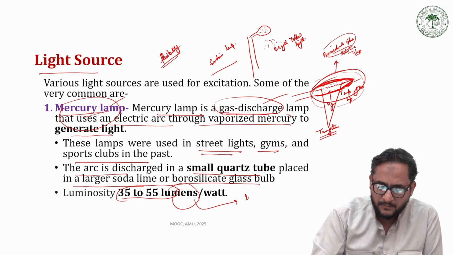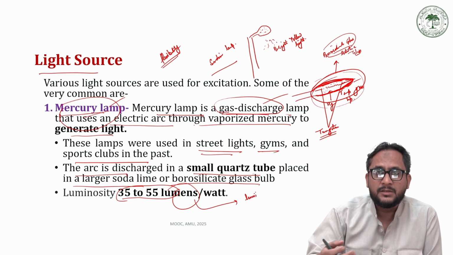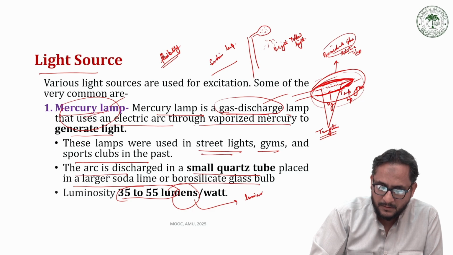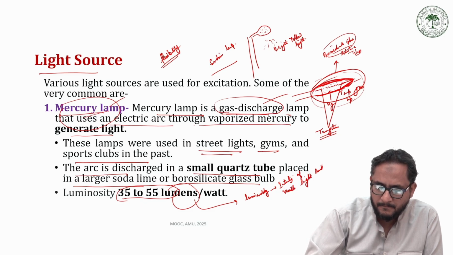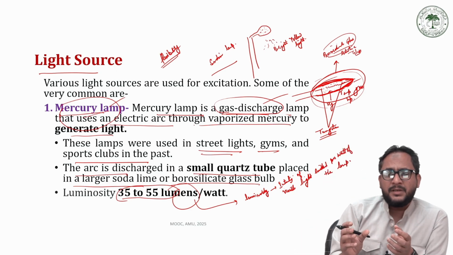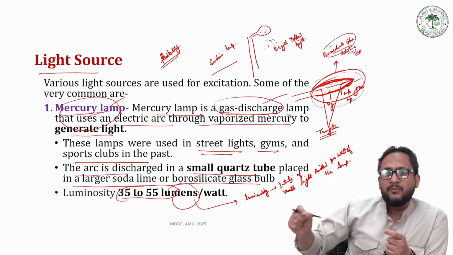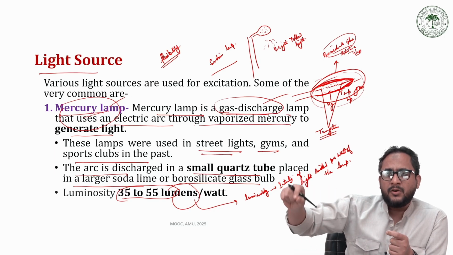Lumen is the unit of intensity of light being emitted, or the unit of luminosity, which is basically the intensity of visible light emitted per watt of the lamp. So it is the intensity of the visible light that is being emitted for every watt of the lamp.